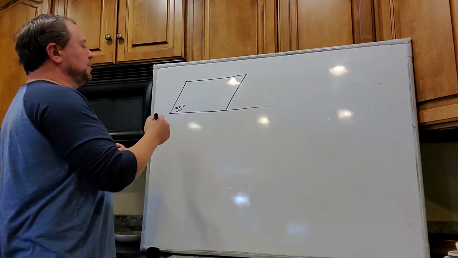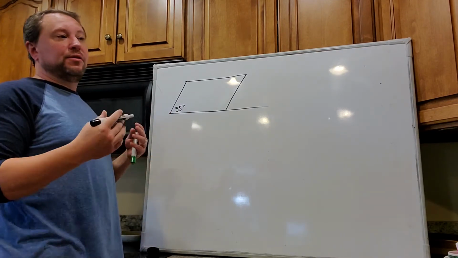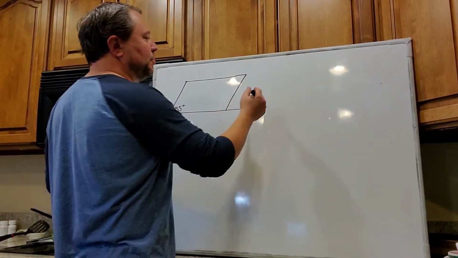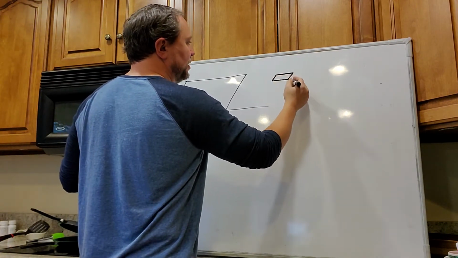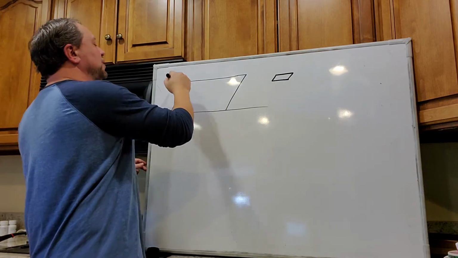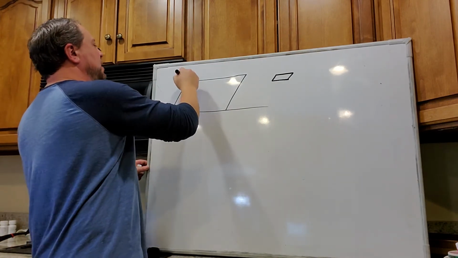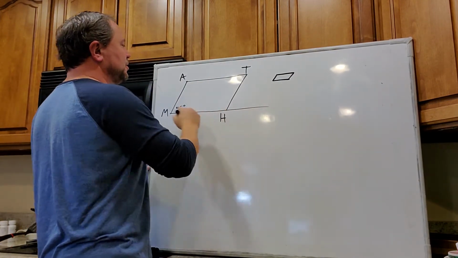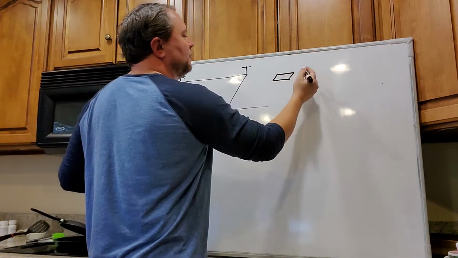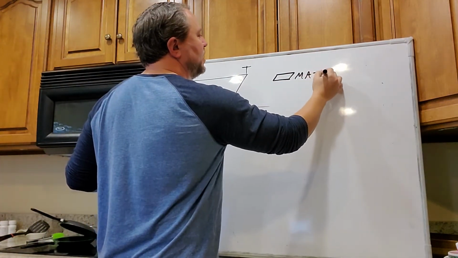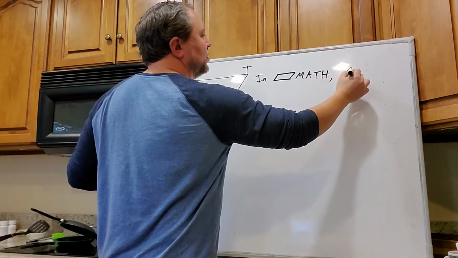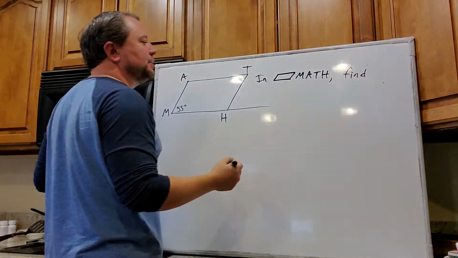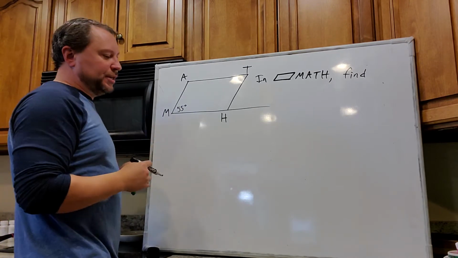Really here, let me do this. Because there is a symbol a lot of times for a parallelogram. It's just a little miniature parallelogram. So if I were to call this MATH, then we could call it parallelogram MATH. So in parallelogram MATH, we're going to find some missing measurements here.